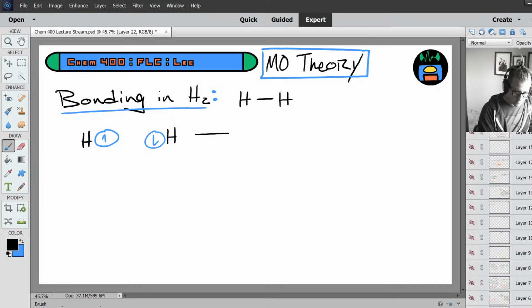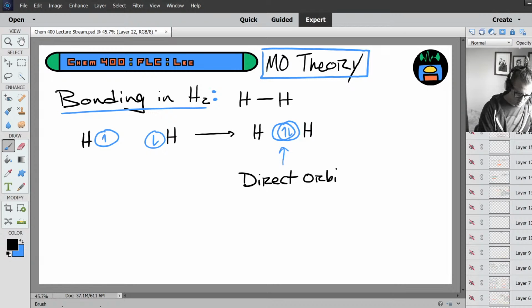You move these two together so that you get direct orbital overlap between the 2 hydrogens, and that makes a sigma bond.